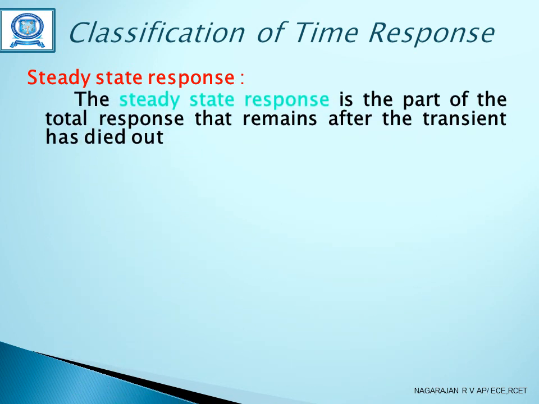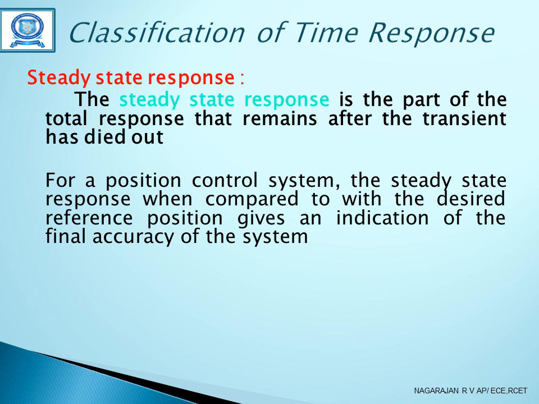Steady state response is the part of the total response that remains after the transient has died out. In a control system, the steady state response compared with the desired response gives an indication of the final accuracy of the system. So it creates an error, which we define as the steady state error.